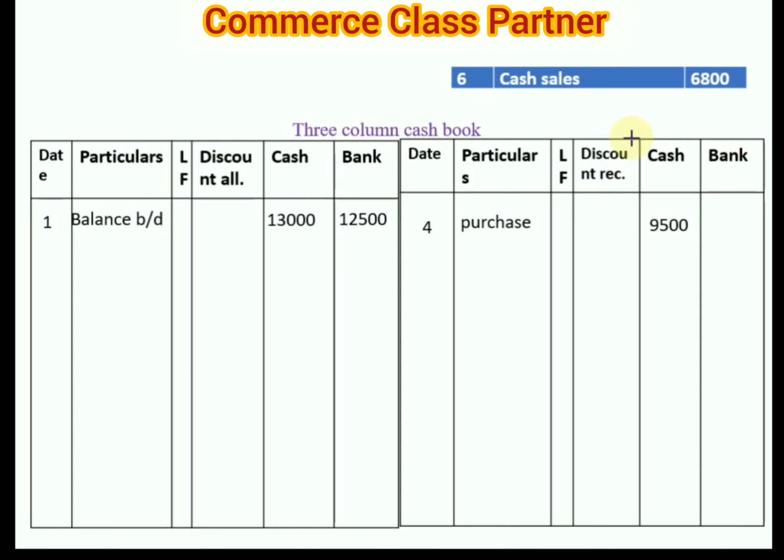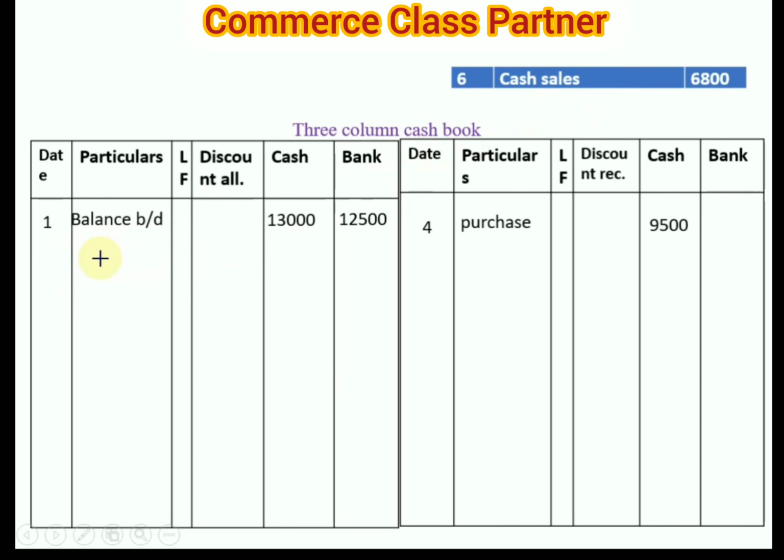And the next transaction is cash sales. Cash sales means it is goods sold for cash. So it is a receipt case.